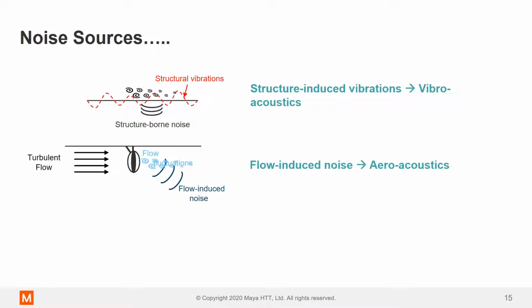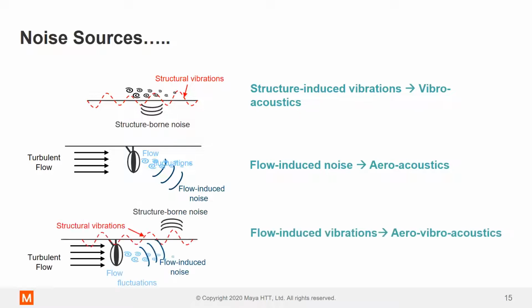Such flow-induced noise is known as aeroacoustics. Now, another noise source is structural vibrations which are induced by the flow. Such noise types are called aero-vibro acoustics. To give you an idea here, you have flow, you have a structure. The flow induces some sort of pressure fluctuations.